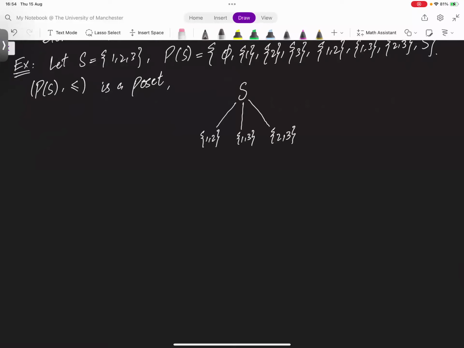Then {1}, {2}, {3}. So you can say {1} goes to here, then {2} goes here, then {1, 2} goes here, {1, 3} goes here, {2, 3} goes here.